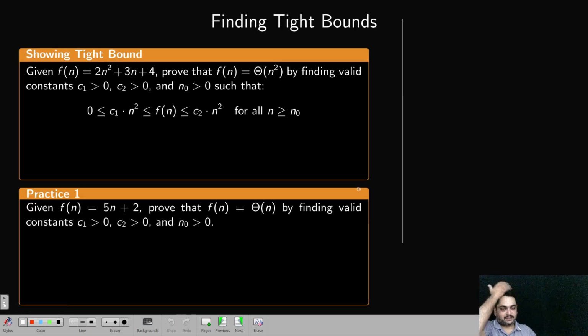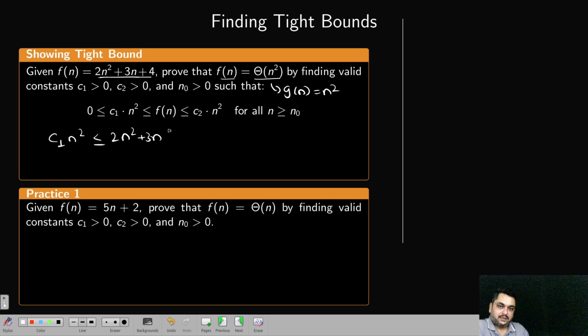So let's see some examples. Given f of n equal to 3n square plus 3n plus 4, prove that f of n equal to theta of n square. Start with the definition. You have g of n given already as n square. Now, C1 n square is less than or equal to f of n, that is 3n square plus 3n plus 4, which is less than or equal to C2 n square.